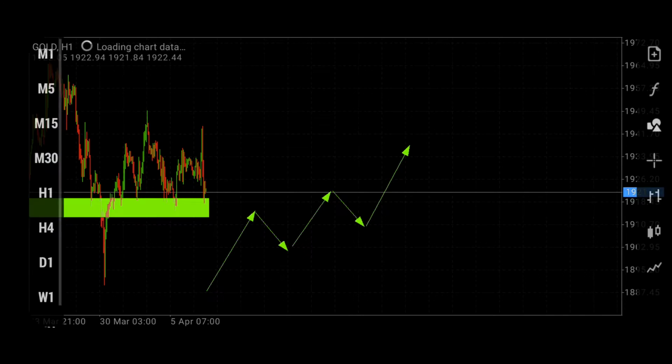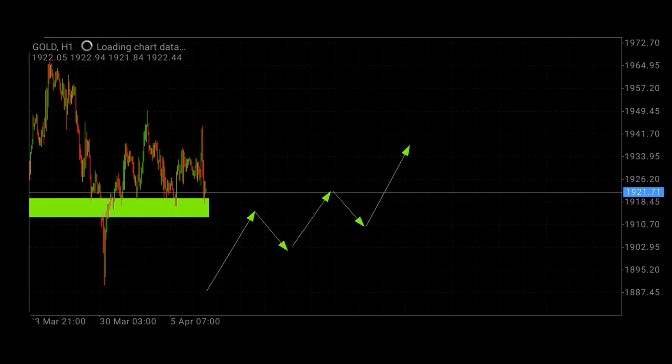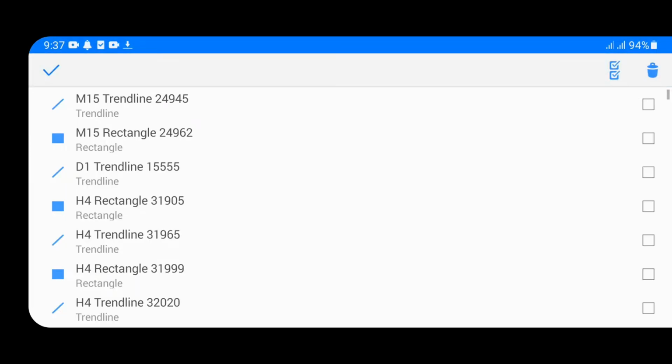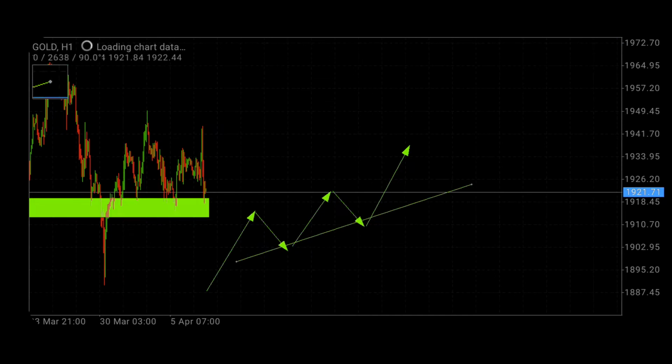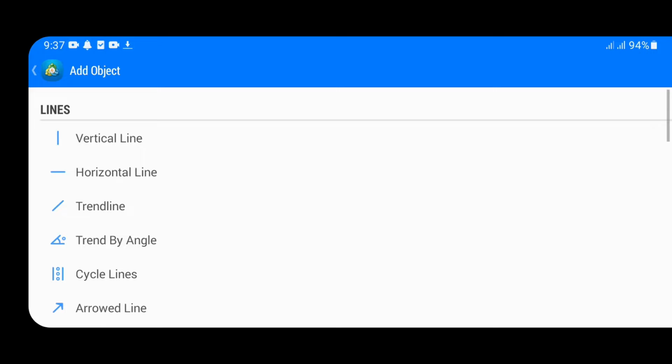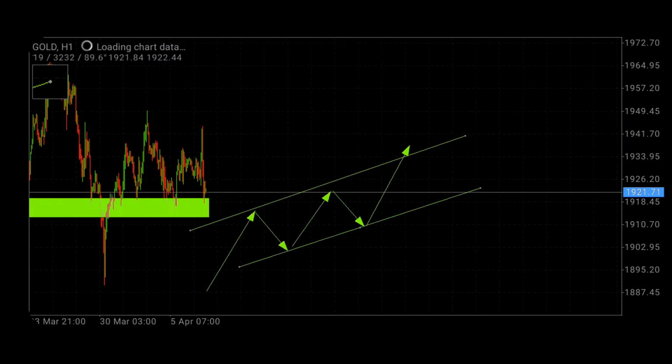Say we are in this type of uptrend, so we create higher highs and higher lows. This basically indicates an uptrend. Let me use my trend line and account for most touches. So this is an uptrend.